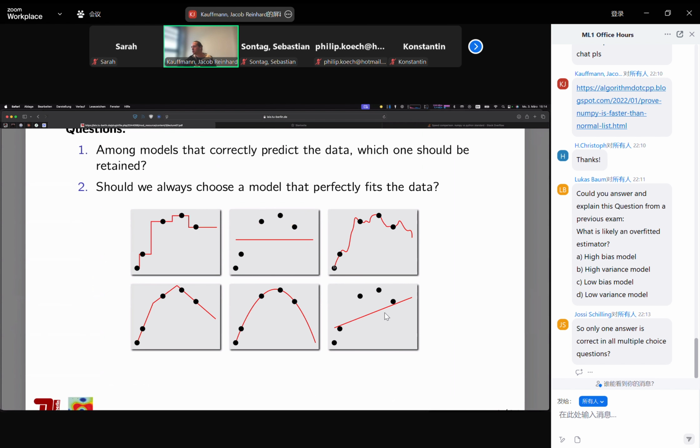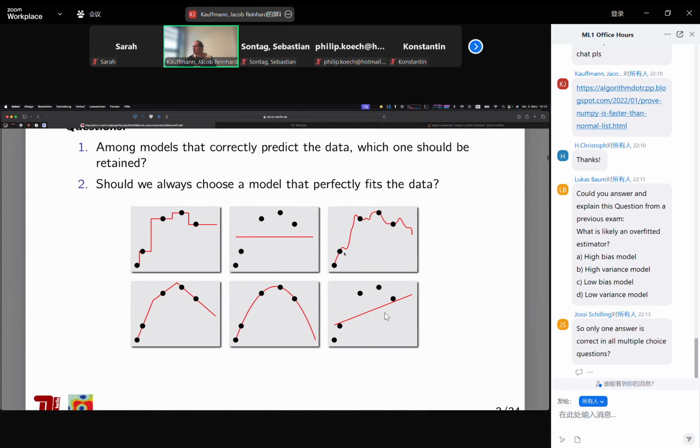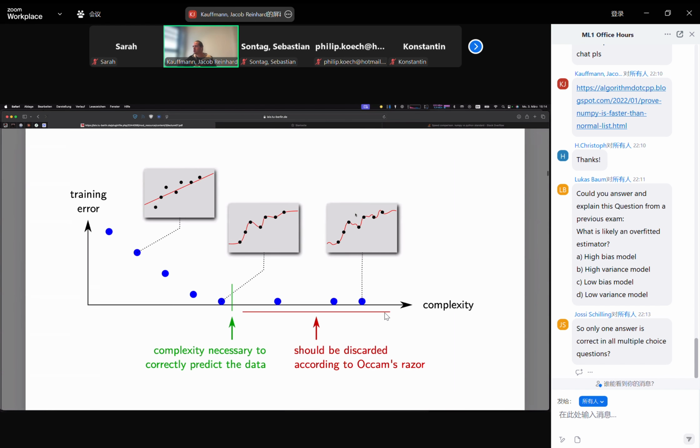If you look at this one, you see there's this function that has a high variance. It fits every data point perfectly, but this typically means that you're learning the noise in the data. So this is typically associated with high variance.